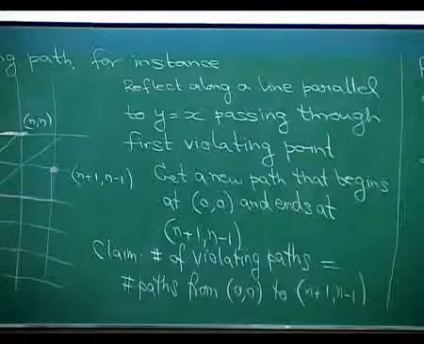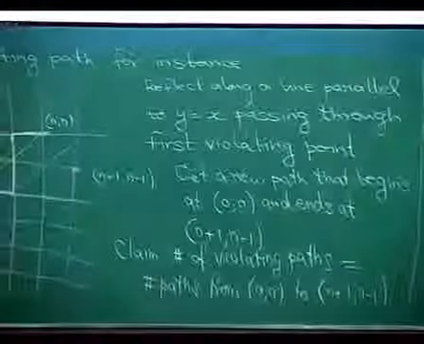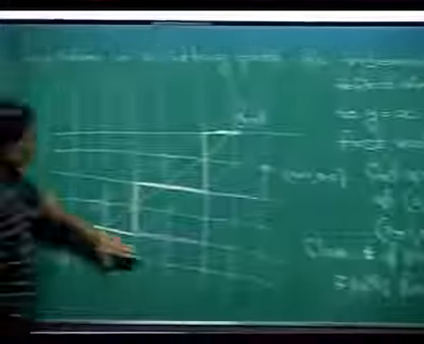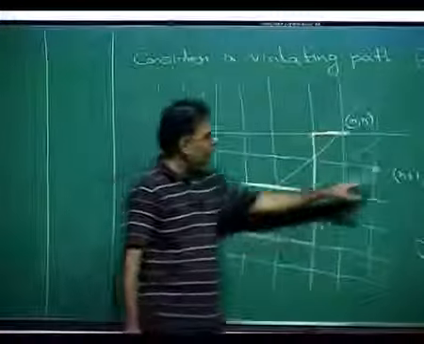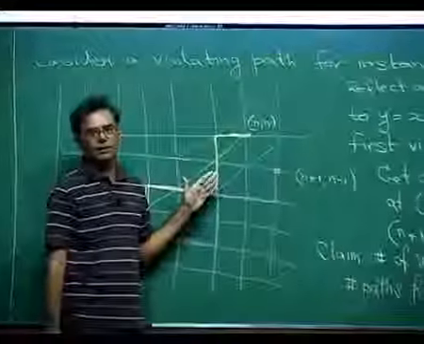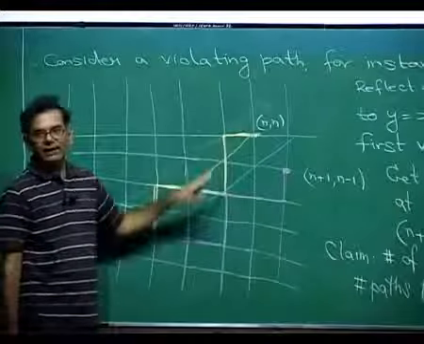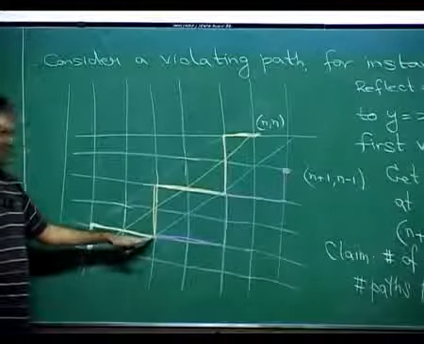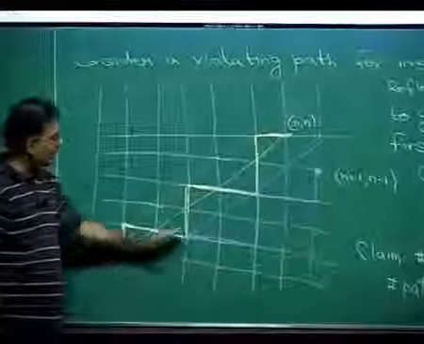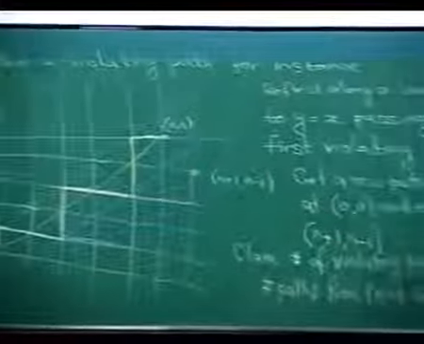This claim is the most important claim in this whole proof. Why is this? What I am trying to say is, if I take any path at all from 0, 0 to n plus 1, n minus 1, it is obtained by this procedure of taking some violating path and then reflecting around the line passing through the first violating point. This is the claim that we have to understand. Okay, so let us see why.